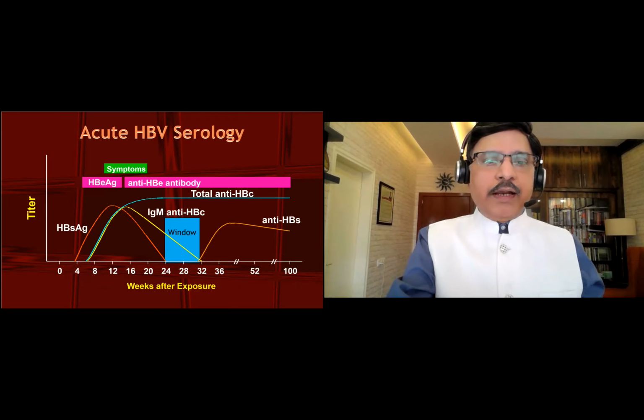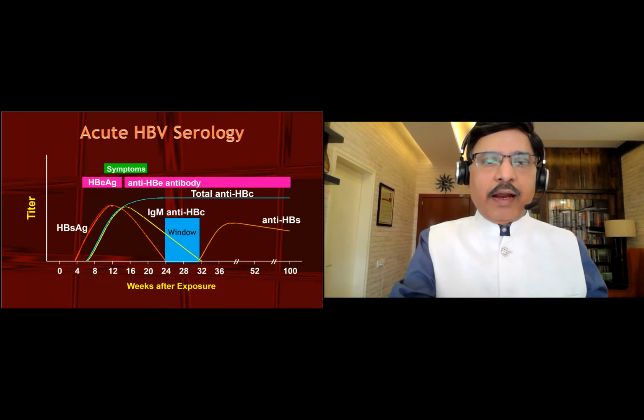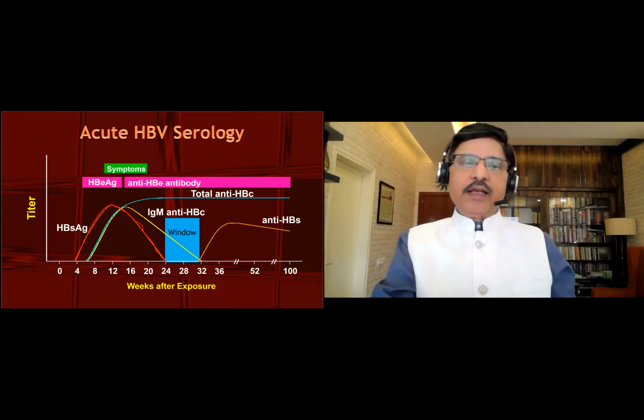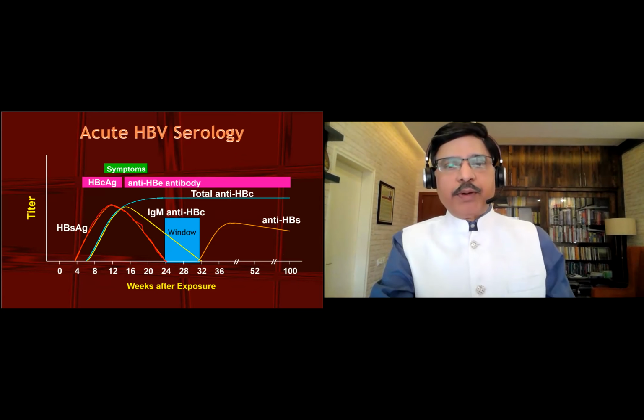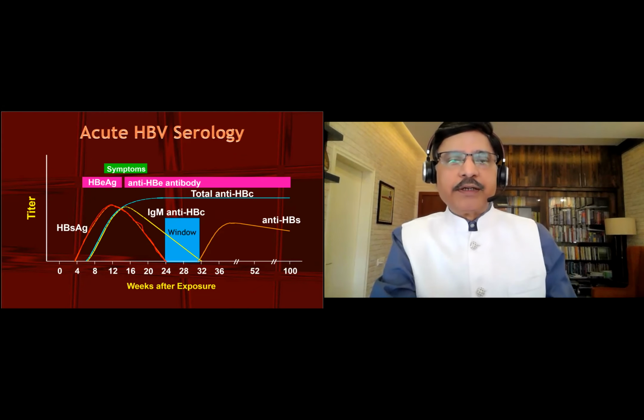What happens at the end of 4 weeks, the hepatitis B surface antigen starts appearing, and it will peak by 12 weeks and then become negative by 24. HBs antigen will become positive, and naturally the body, in most of the patients, clears the HBs.